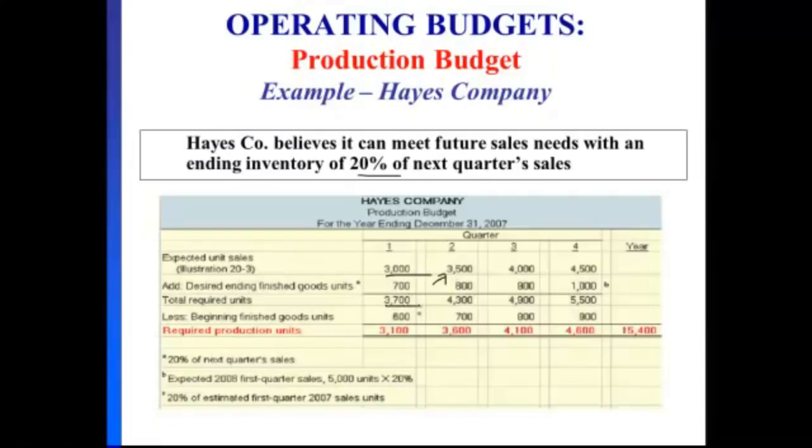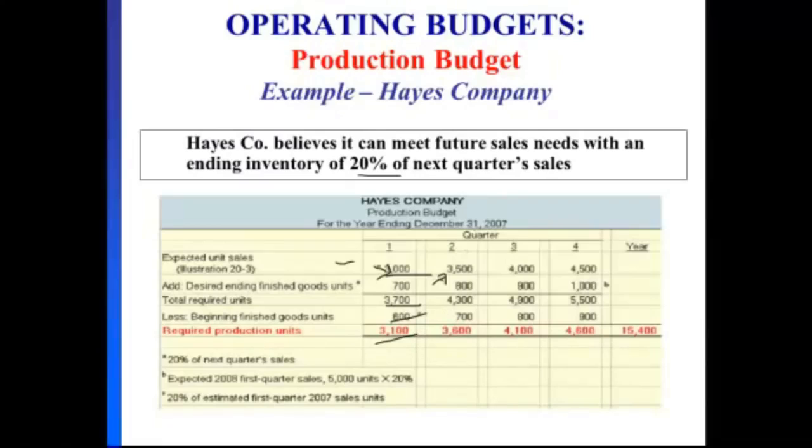So I need 3,700. But because it's management's policy that was consistent last year, at the end of last year we ended up with 20% of what we needed for the first quarter, and that would be 600. So therefore, sales plus ending inventory minus beginning inventory, I need to produce 3,100 in the first quarter.